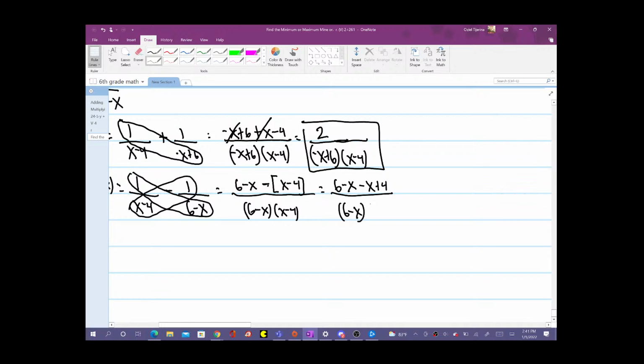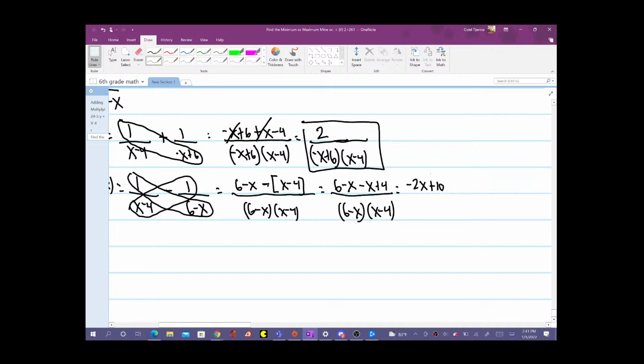This becomes negative 2x plus 10, I think, because there's a 6 and a 4, so it's negative 2x plus 10 over 6 minus x.